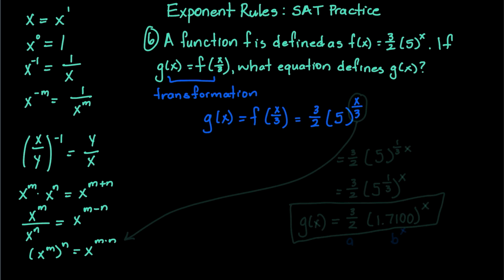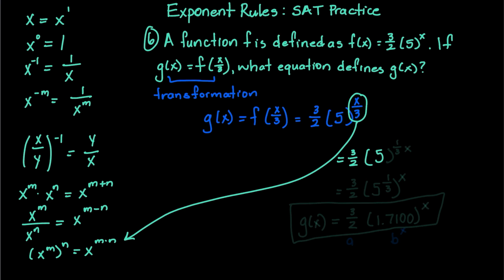Similar to examples we've done, to define g of x, we know we should only have x in our exponent. Those will be the answer choices that you're looking for. So we have x over 3. So that's going to be our power to a power rule. So we're going to rewrite 3 over 2.